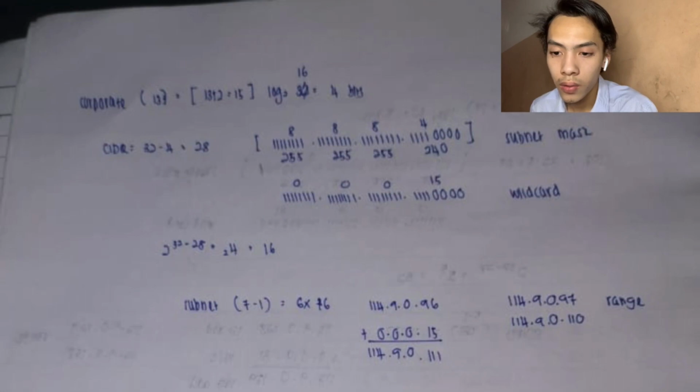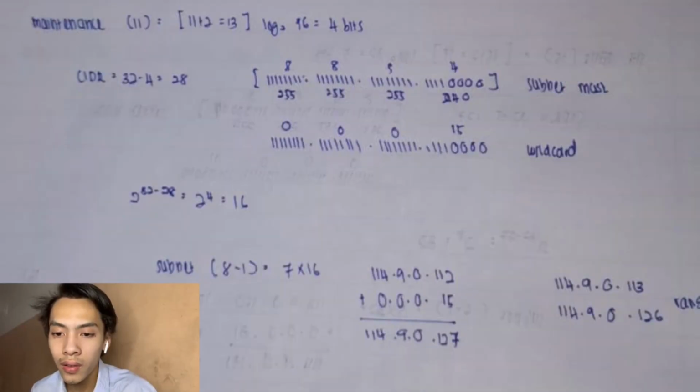Okay, so for the range, the first address we plus by 1, and the last address we minus by 1, and then we got the range for the subnet.